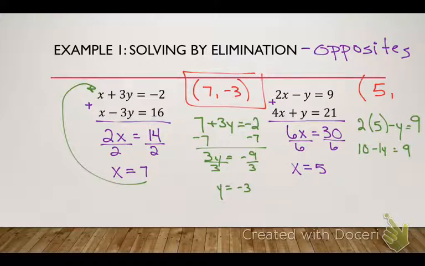I can't have a negative variable. So when I subtract 10 from both sides, I get negative 1y equals negative 1. I divide both sides by negative 1, and I get positive 1. So you lose a point on that if you had the wrong sign. Pretty good for the second one, guys.